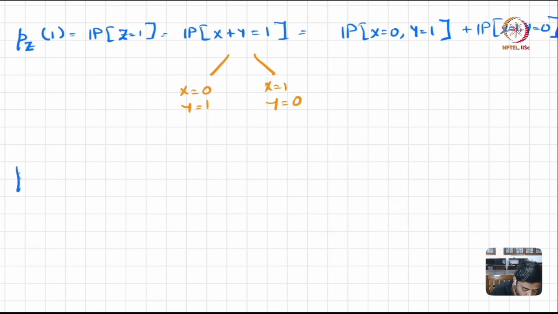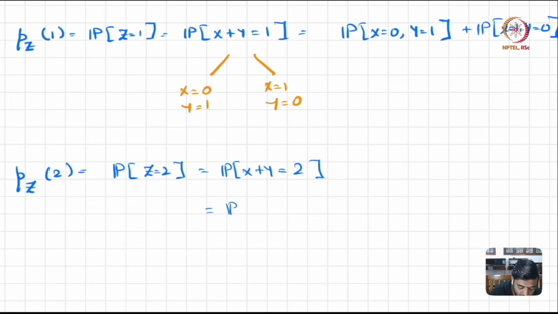Similarly, P_Z of 2 is the probability that Z takes the value 2, which is the probability that X plus Y equals 2, which is only possible in the case when X is equal to 1 and Y is equal to 1. Okay. Now I have partially solved the problem for you.